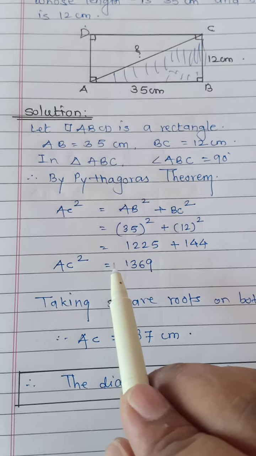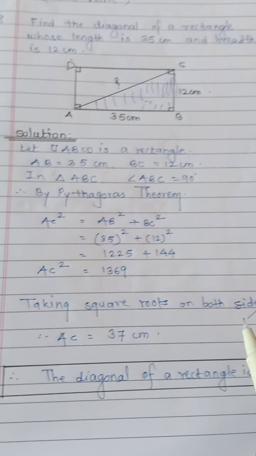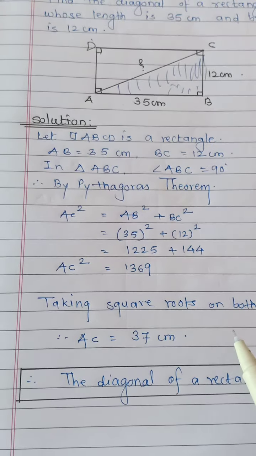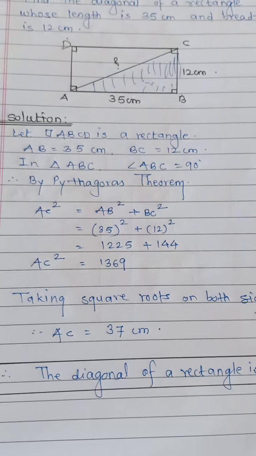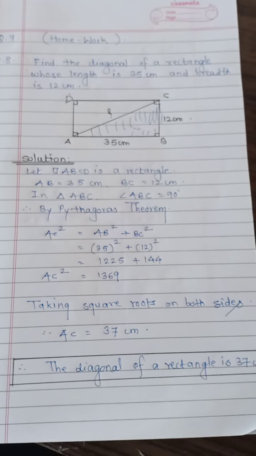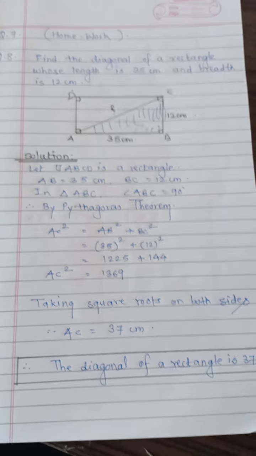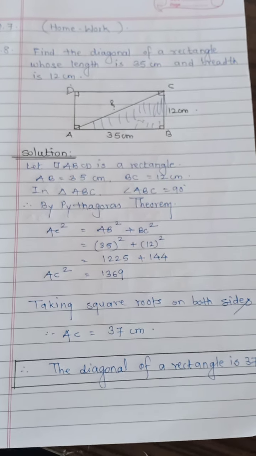So AC square equal to 1369, taking square root on both sides, we got the answer of AC as 37 units. Therefore, the diagonal of a rectangle is 37 centimeter. I think you have understood this. Question number 8, it's easy. Copy the answer in your notebook.